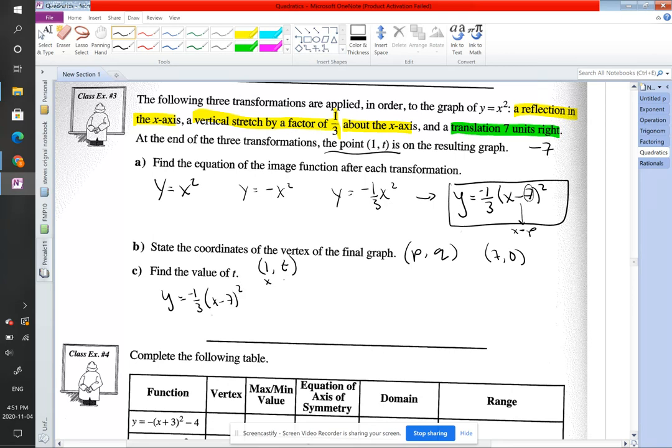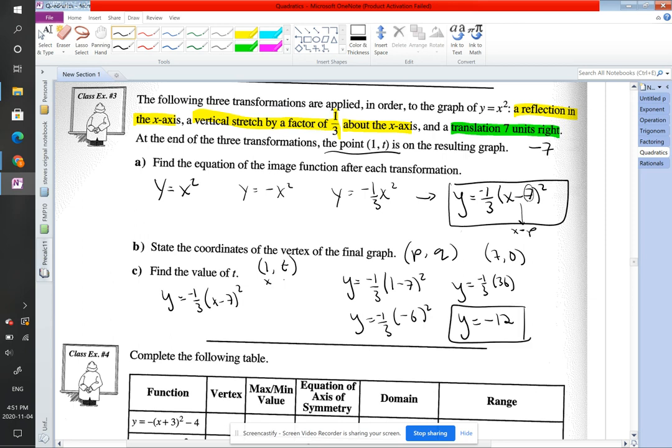So what we can do is plug in our x value, right? y is equal to negative 1/3 times (1 minus 7) squared. 1 minus 7 is negative 6, sorry, squared. Negative 6 squared is 36. And 36 multiplied by negative 1/3 is going to give us negative 12. So our value of t is negative 12.